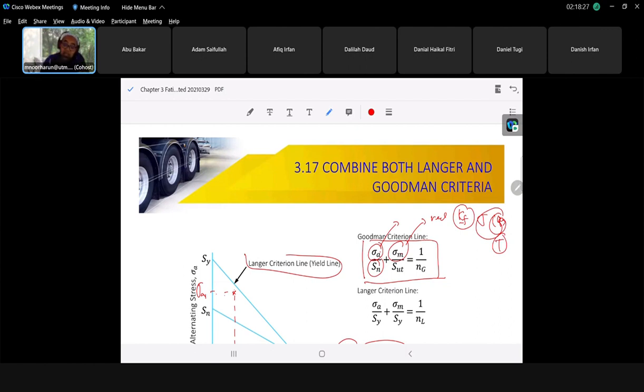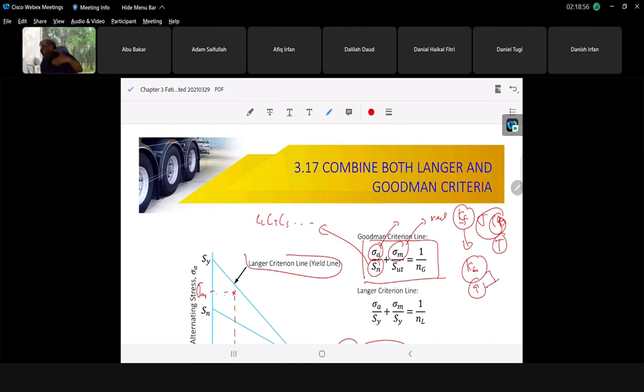So this SN deals with the factors, so CL, CT, CS, and so on. Okay. This KF deals with KT and with the Q notch sensitivity. This is from the graph.